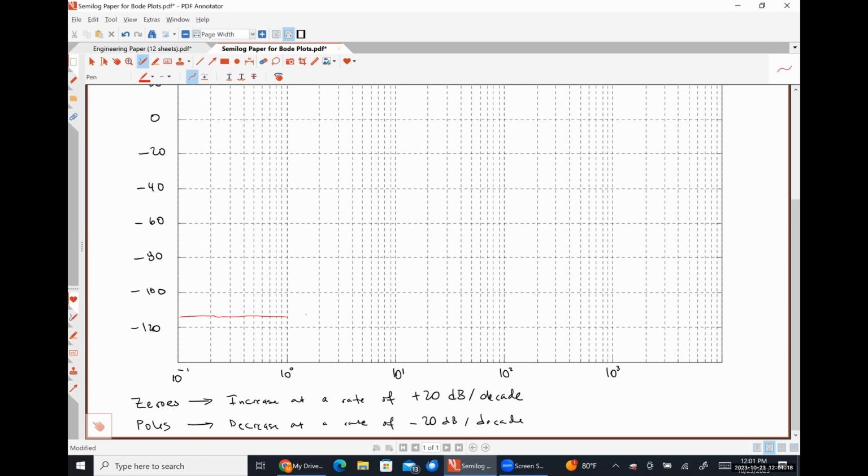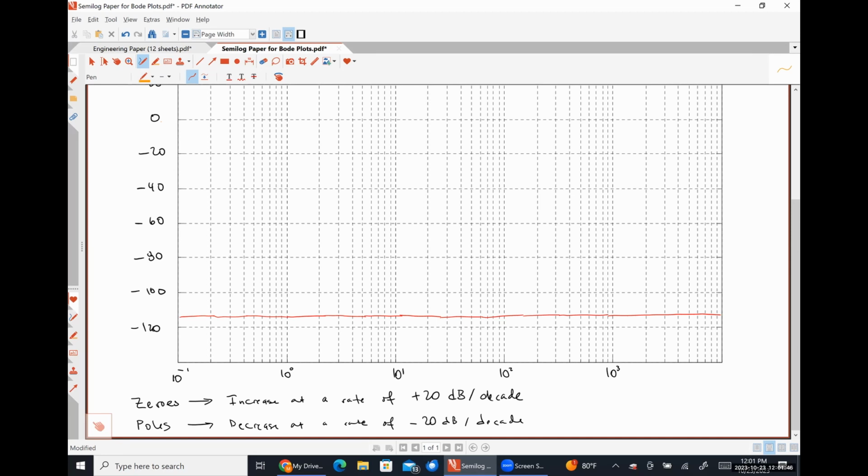So this is our constant term K. We should start this thing by increasing at a rate of positive 40 decibels per decade because we have repeated poles at 0, right?